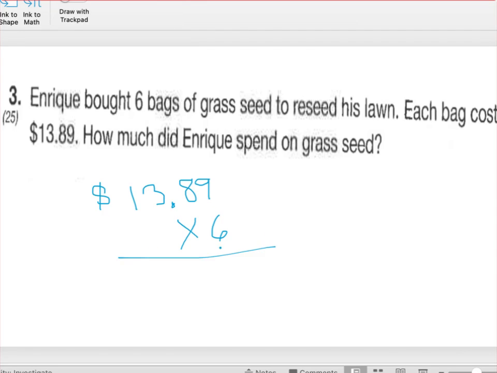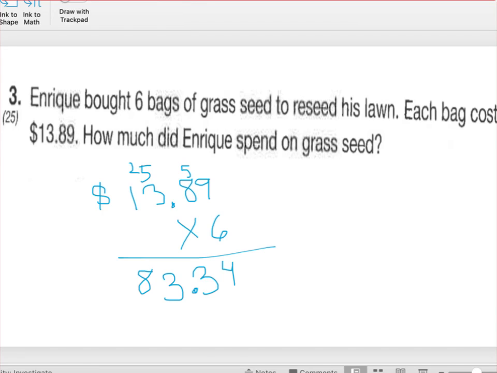Okay, so 9 times 6 is 54. 8 times 6 is 48, plus 5 is 53. And 3 times 6 is 18, plus 5 is 23. And 1 times 6 is 6, plus 2 is 8.